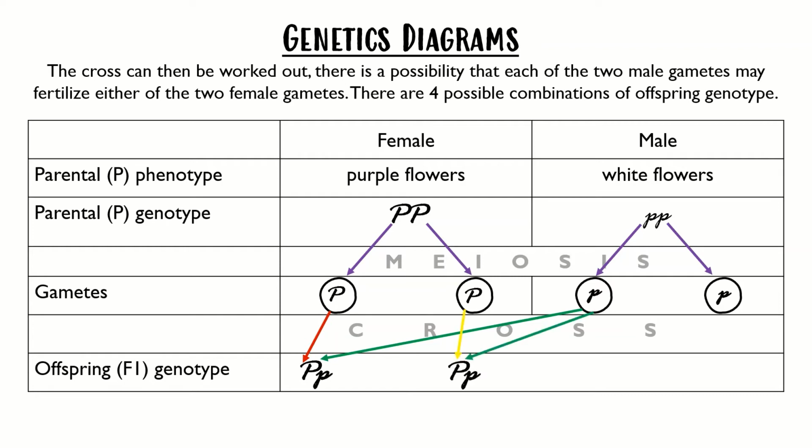Then we could cross the second female gamete with the first male gamete, same result, capital P, small p. Then the first female gamete with the second male gamete, capital P, small p. And lastly, the second female gamete with the second male gamete, capital P, small p. So we see that in this cross, the offspring genotypes are all the same.